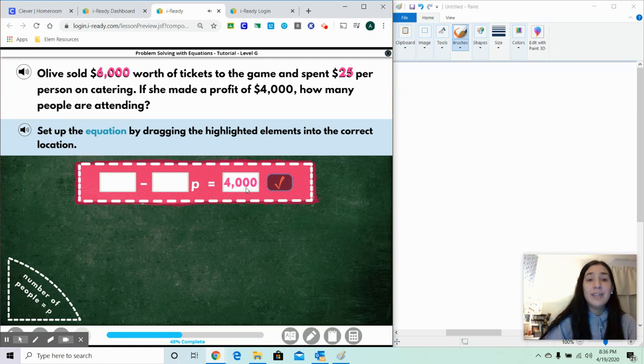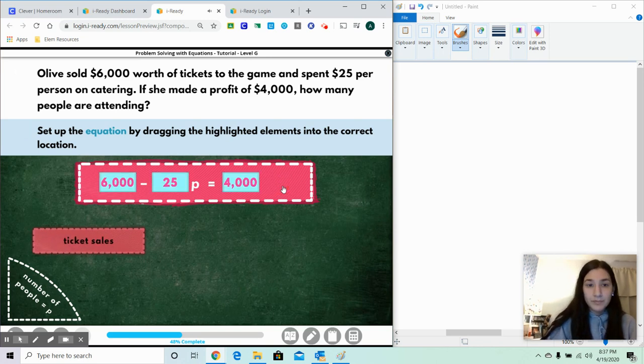In order to calculate the profit, we take the total amount from the ticket sales and subtract the cost of catering. So first we have $6,000 worth of ticket sales. That's going to be our first number. And we're subtracting the cost of catering, which is the cost of the food, which is $25 per person. And we know P represents the number of people because that's what we're looking for.